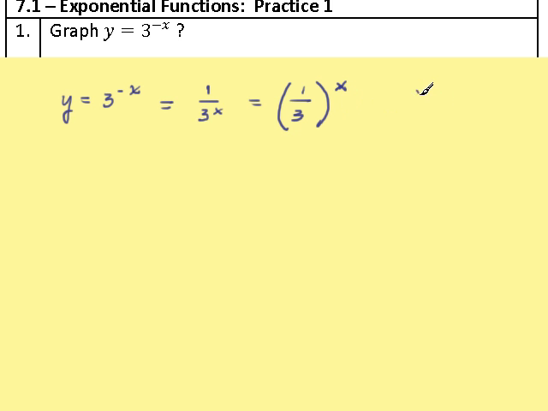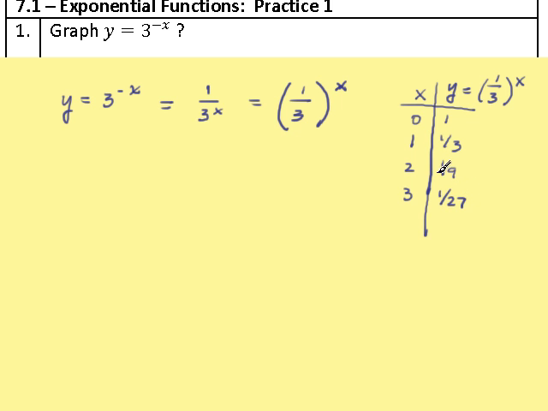Let's do a little table of values to help with the graph. When x is equal to 0, y is 1. When x is equal to 1, we have 1/3. For 2, we have 1/9. For 3, we have 1 over 27. So you see that as x gets larger, y is getting smaller and smaller, closer to 0.